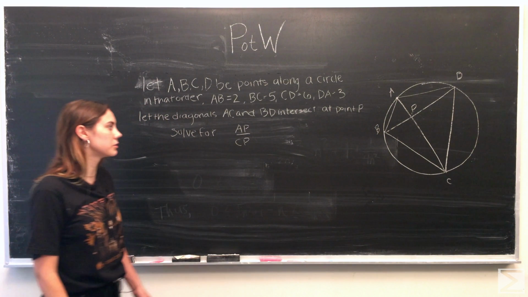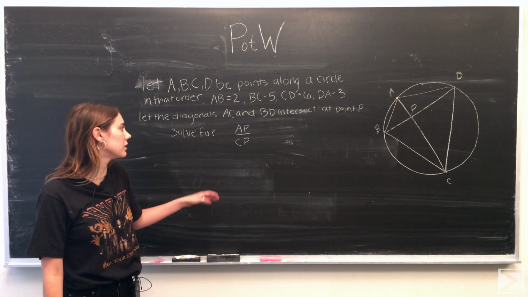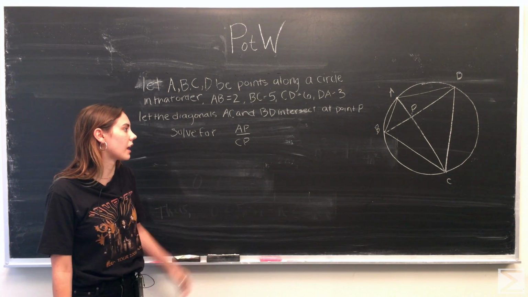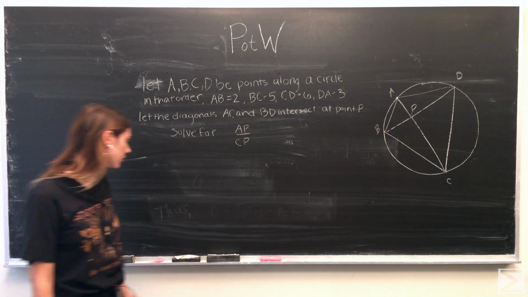Okay, so what we want to do is solve for the ratio of AP to CP. You can see from the diagram what line segments those are. And to begin, we just want to look at some of the triangles and the different angles.